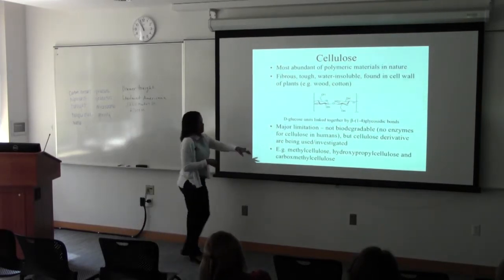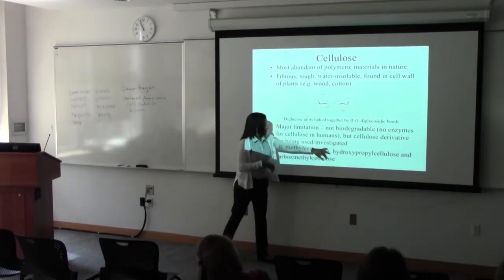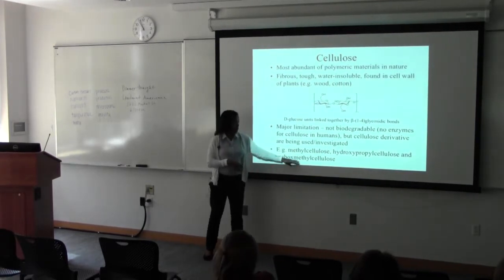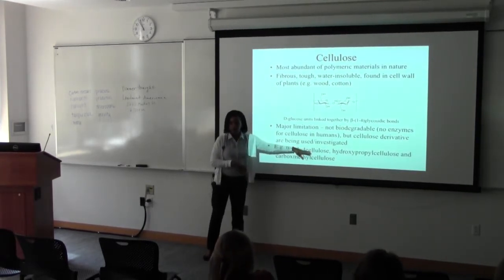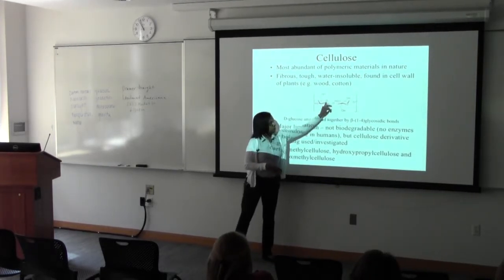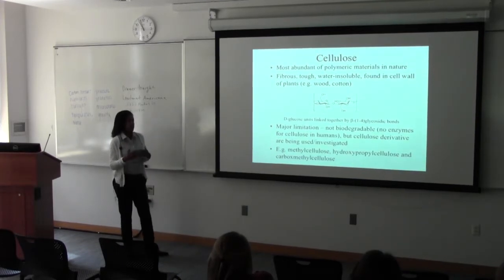So what we do is modify it and make it soluble. What's available on the market are some of these derivatives or modifications. You add some different groups to the cellulose chain, and then it becomes water soluble, and then you can process it.